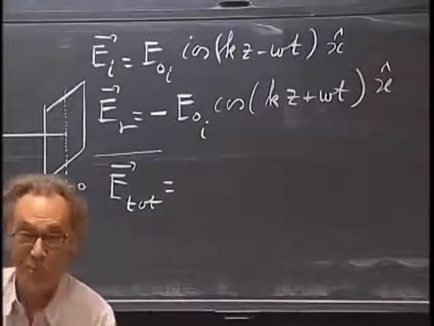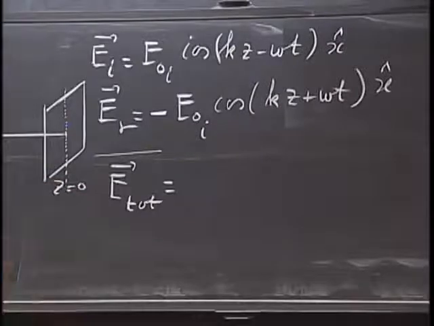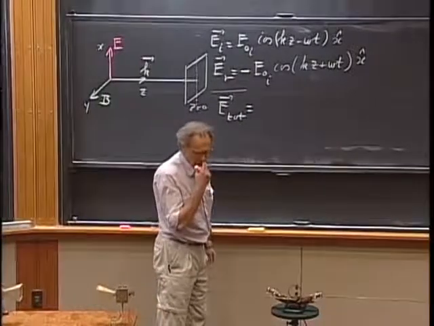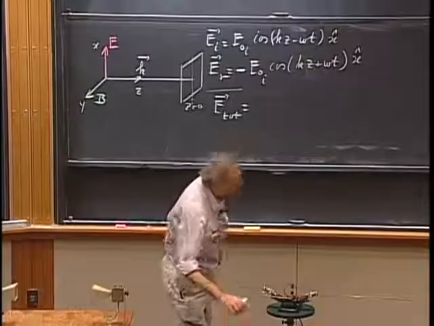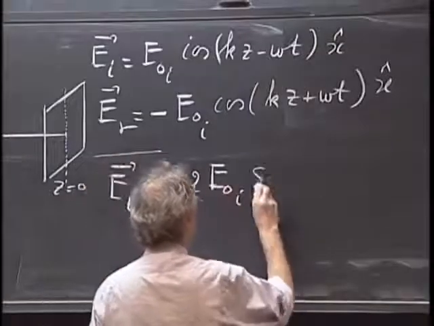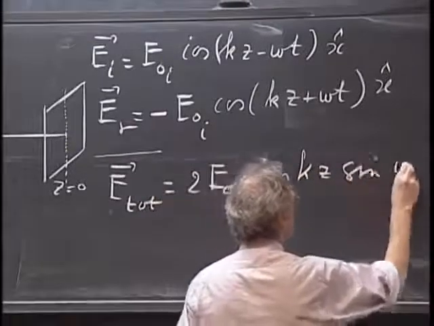Although I always have to look that up because I forget that just as well as you do. And so when I add that up, I get that the total electric field is 2E0I, and then I get the sine of kz, and the sine of omega t.